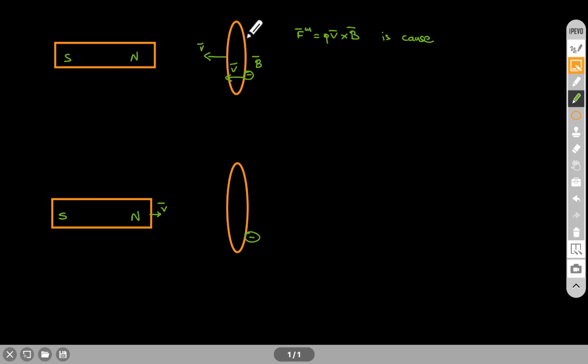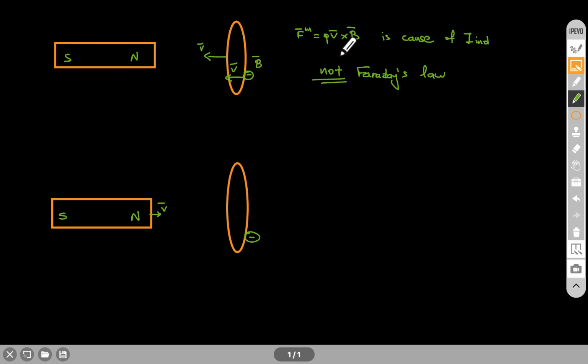If you have a light bulb attached in the wire, then you will see that the bulb has light. This is because the mobile charges are flowing in the wire. This magnetic force is the cause of the induced current. I want to make it clear: this phenomenon is not Faraday's law.